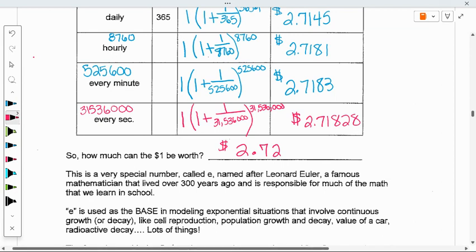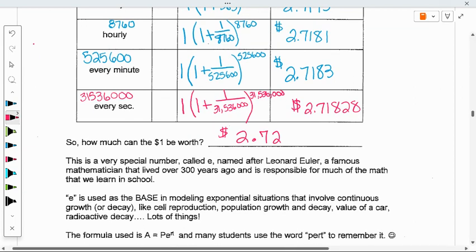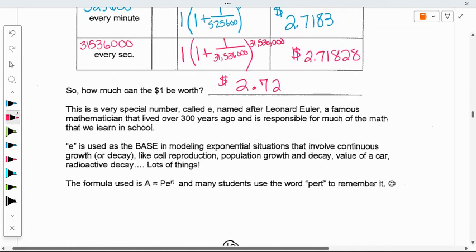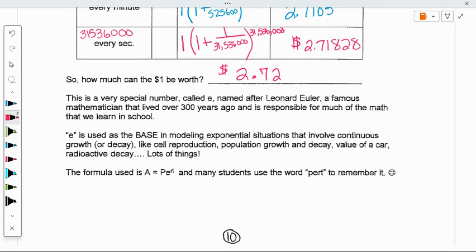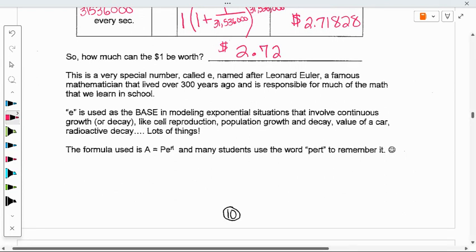This is a very special number, and it's called e, and it came from Leonhard Euler, a famous mathematician who lived 300 years ago. He's responsible for much of the math that we use. But this Euler number, or e, is used as a base, and the only time we use e is when something is being compounded continuously.